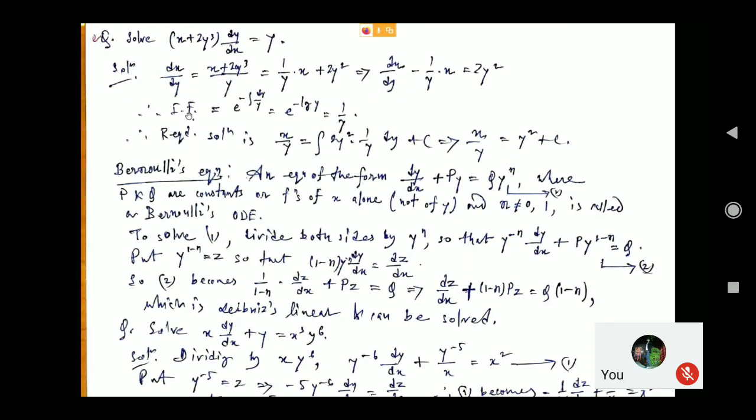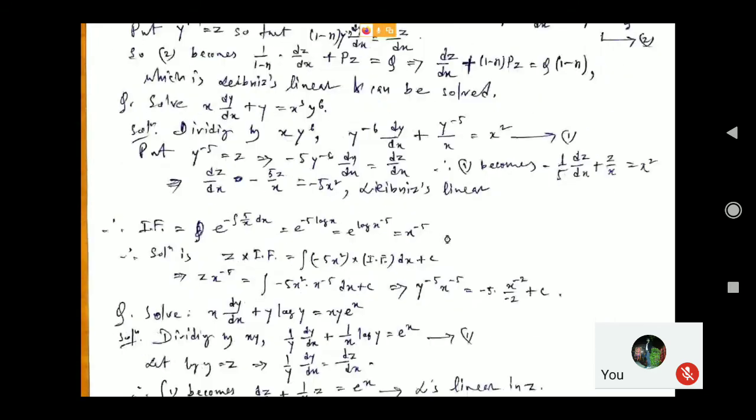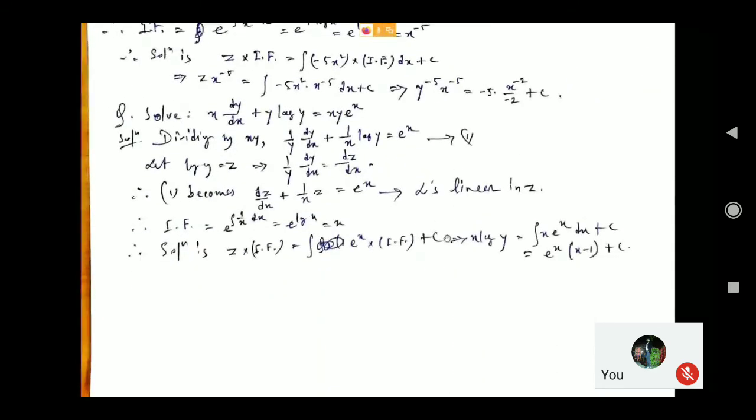Therefore, our integrating factor is e to the power integral of p dy, which is 1 by y. Therefore, the required solution by that formula we can write like this. This is Leibniz's linear equation.